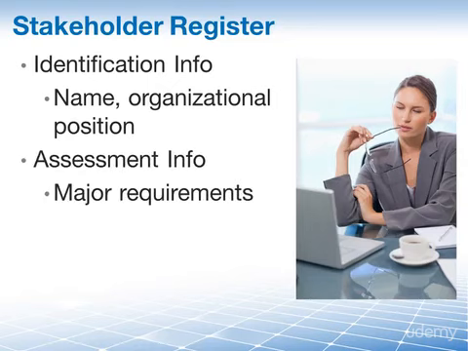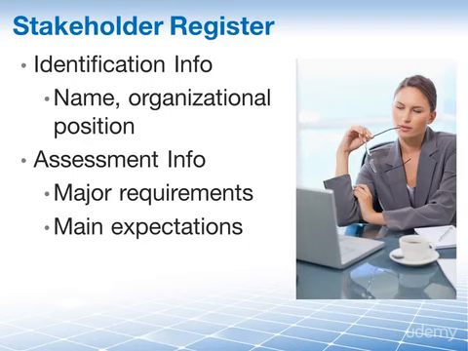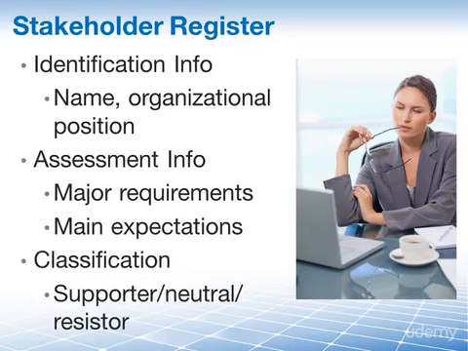It provides us assessment information like their communication requirements or preferences and their expectations with regards to project communications. And it gives us some kind of stakeholder classification, like are they a supporter, are they neutral to our project, are they a resistor, or are they perhaps even a champion for our project. This information is vital input if project communications with the stakeholders is to be effective and efficient.